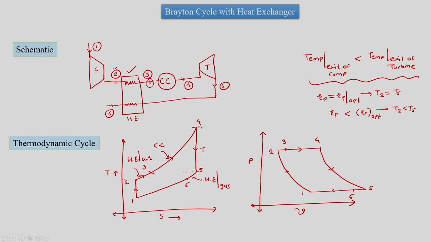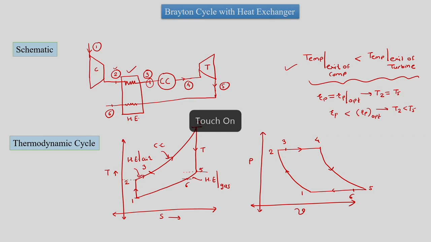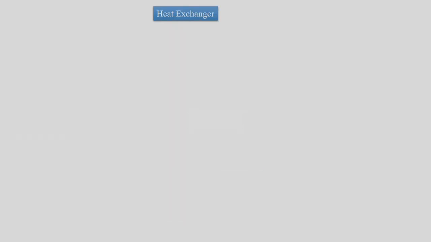In parallel, the mean temperature of heat rejection has also decreased, since we did not reject the heat from 5 to 1, we rejected it from 6 to 1. Since the mean temperature of heat addition increases and the mean temperature of heat rejection decreases, the efficiency of the Brayton cycle practically will increase. So the importance of the heat exchanger is to increase the efficiency, and this remains the constraint for its implementation.